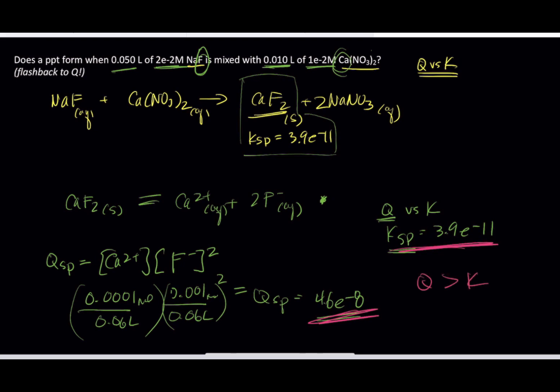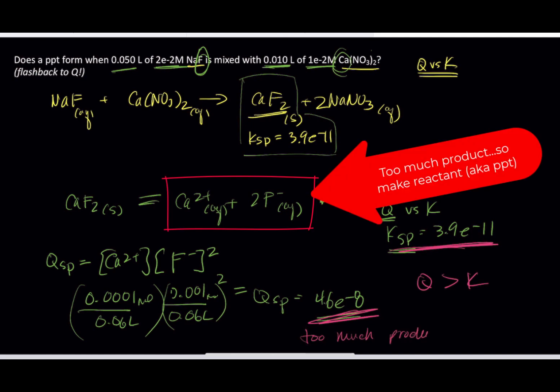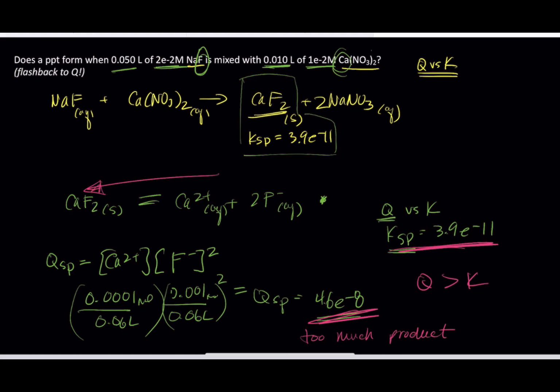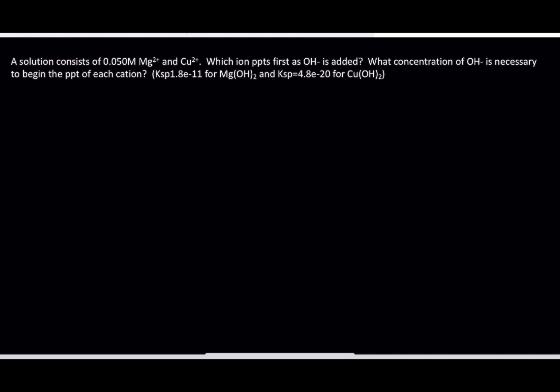Which means my reaction is going to go which direction? If Q is greater than K, that means I have too much product, which means we're going to go in the reverse direction. And in a KSP process, reverse direction means precipitation. Yes?